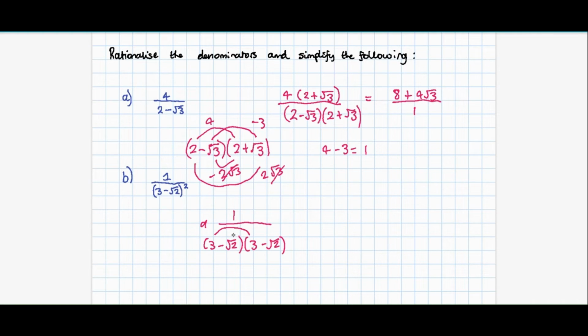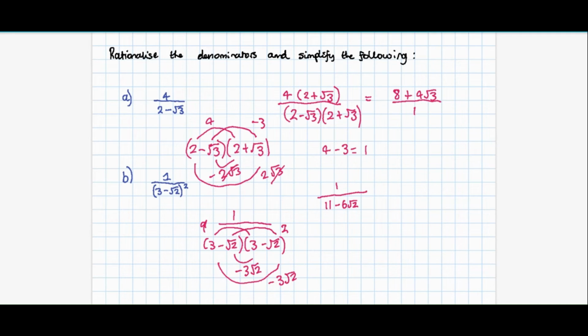So we've got 9 here, we've got 2 here, minus 3 root 2 here, and then minus 3 root 2 here. So now we want to add this all up and simplify it. So we've got 11 and then minus 3 root 2 minus 3 root 2, which is going to be minus 6 root 2. And that's the denominator there.